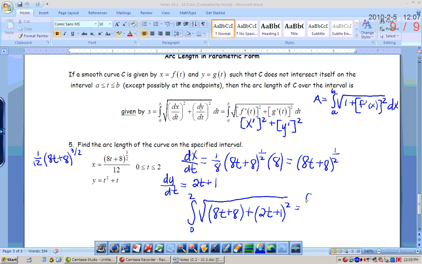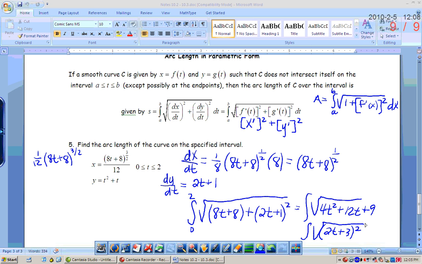If you FOIL all of this out and combine all of your like terms, what you get is 4t squared plus 12t plus 9, which factors into the perfect square (2t plus 3) quantity squared.